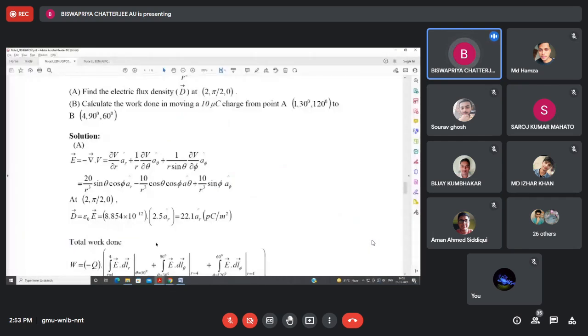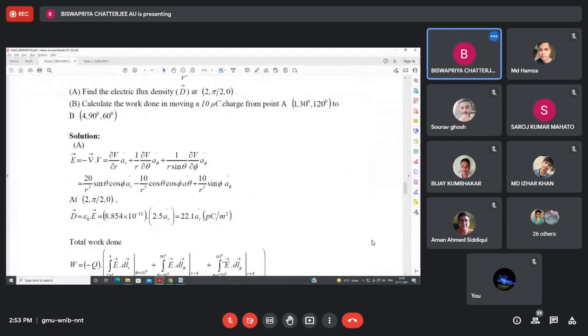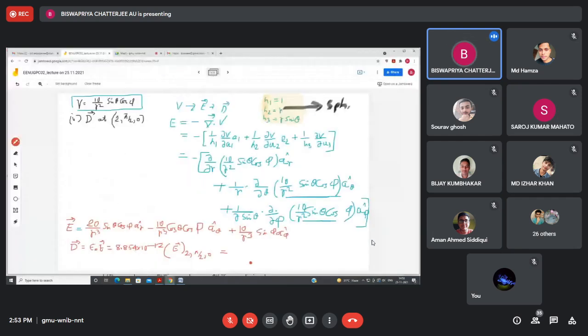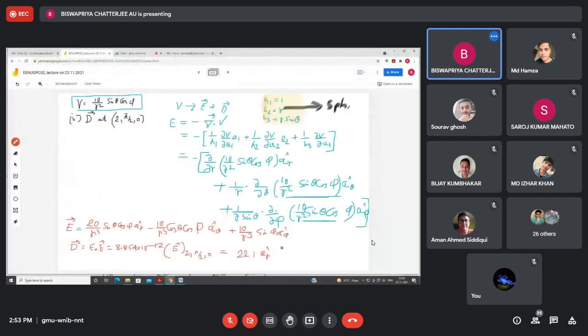So this must be at 2, pi by 2, 0. So if you put the value r is equal to 2, theta is equal to pi by 2, and phi is equal to 0, the ultimate answer will come 22.1 pico a r cap picocoulomb per meter square.